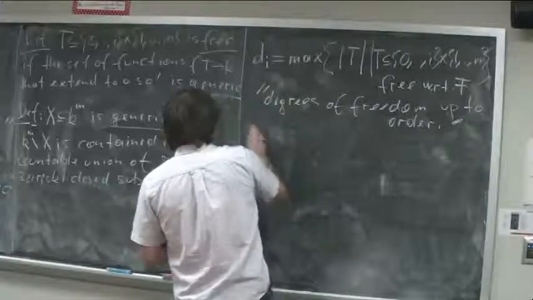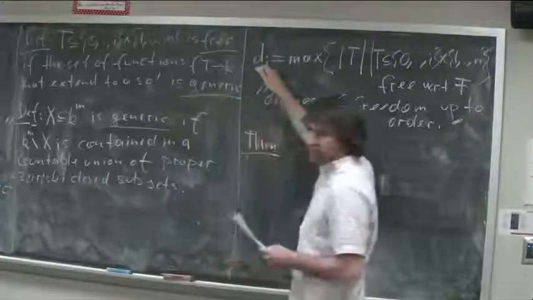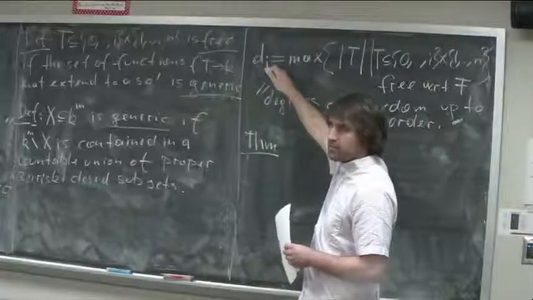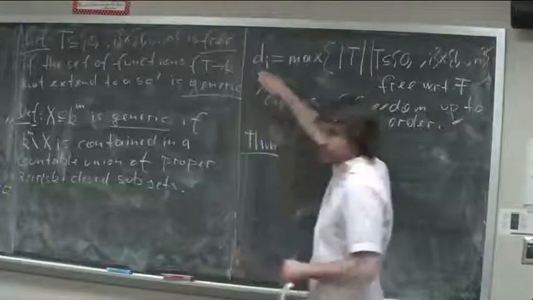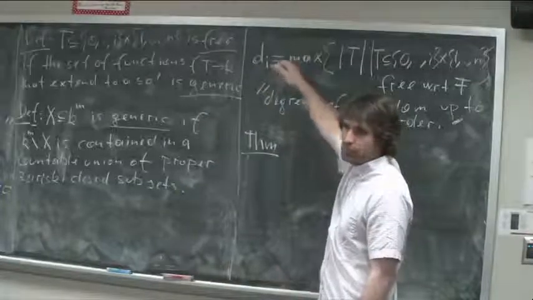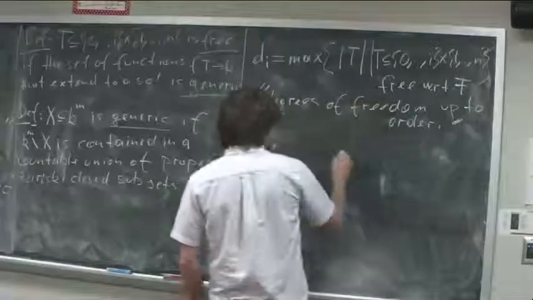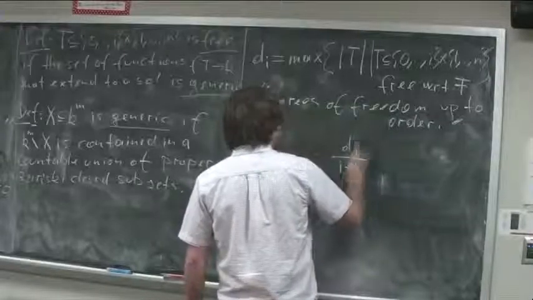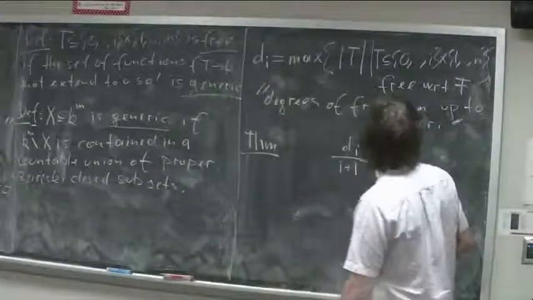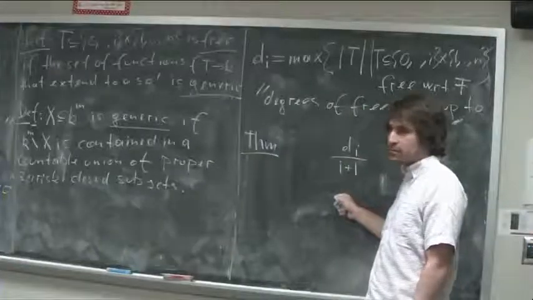Let me give the definition of the difference dimension now, looking at this sequence. Typically this sequence diverges, so it doesn't make sense to look at the limit of the d_i's. But what you want to look at is d_i divided by i plus 1, because you normalize the sequence.